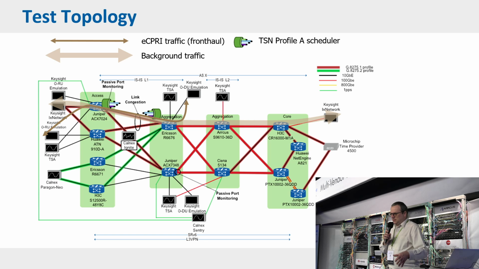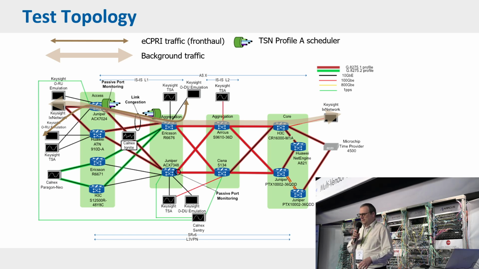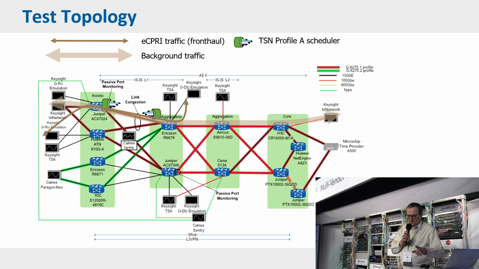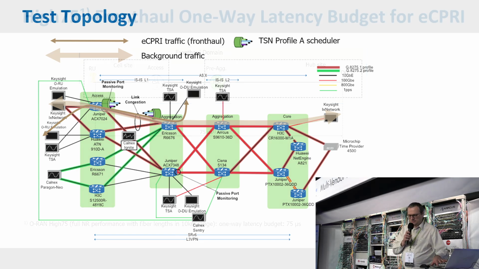In order to achieve this, prioritization of the fronthaul traffic, every vendor that participates in the fronthaul part of the network is deploying this TSN profile A scheduler. Which means eCPRI traffic is prioritized to the highest possible level, and the background traffic, if there's congestion, is delayed or dropped, but fronthaul traffic should not be affected. And PTP traffic should not be affected either.